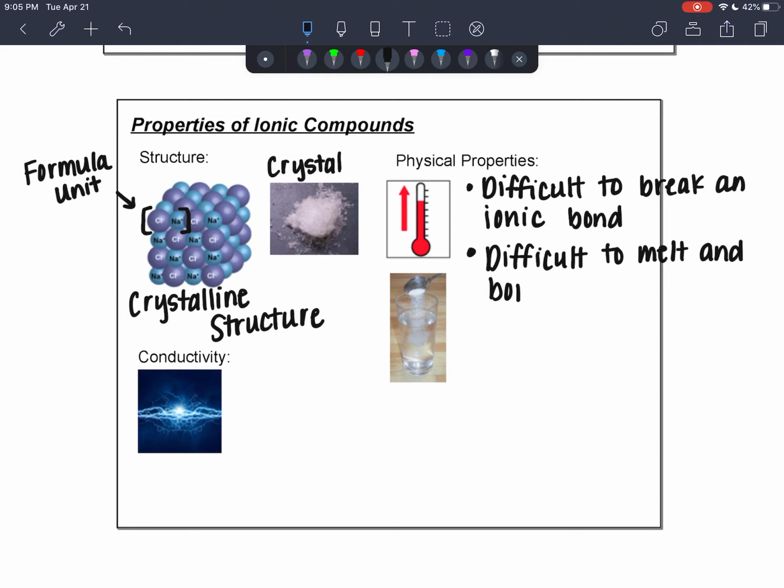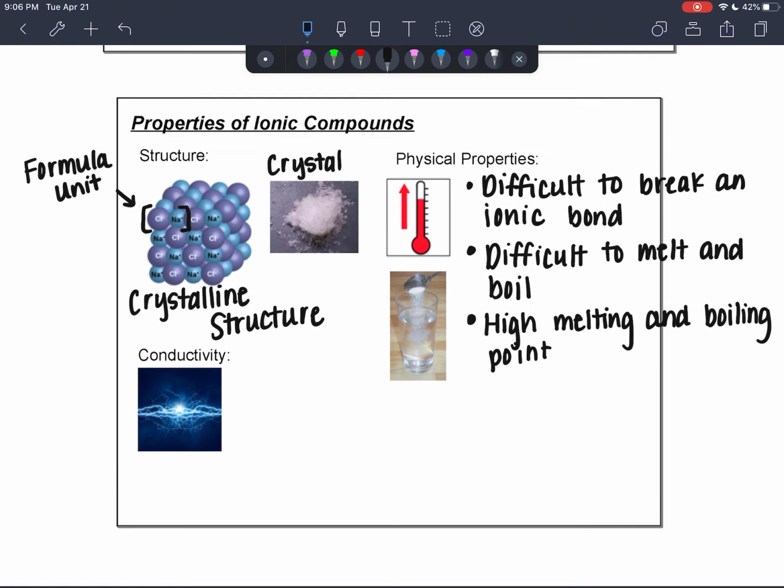And like I just said, in order to spread them out, we have to break ionic bonds, and that's not an easy thing to do. So if I wanted to spread out ions, I'd have to add tremendous amounts of energy. So what we see with ionic compounds is they have very high melting and boiling points. A high melting and a high boiling point means that I have to add a lot of energy to get to a very high temperature in order to separate those ions, because it just requires that much energy to do so.